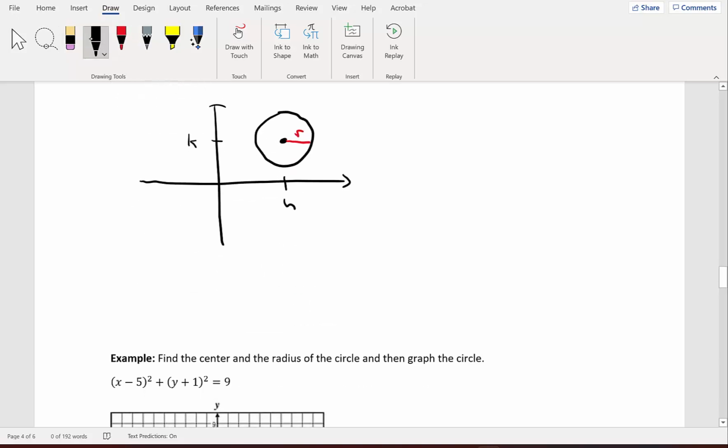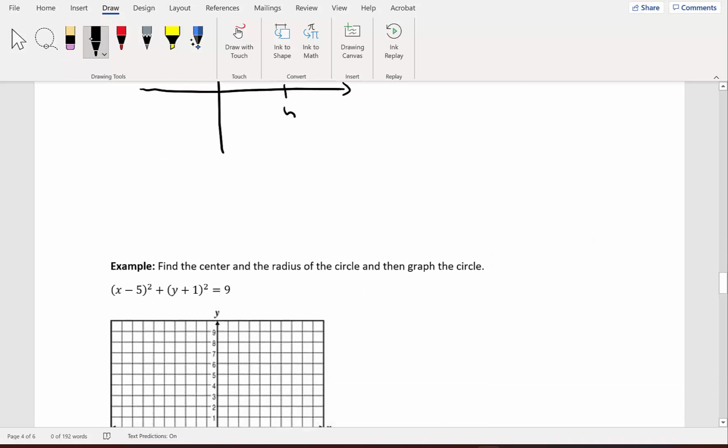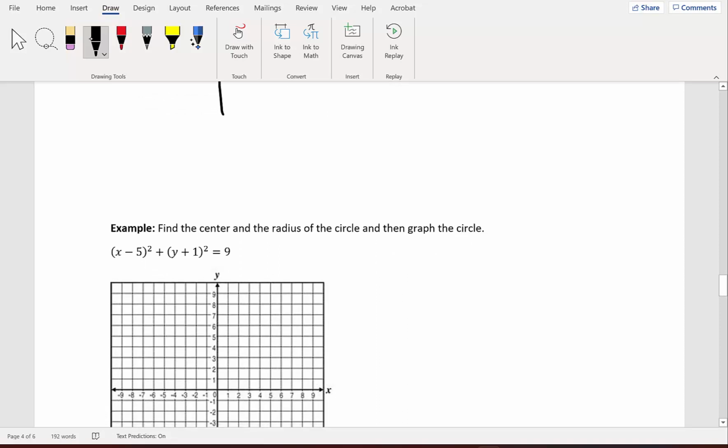Let's take a look at an example. So find the center and the radius of the circle, and then graph the circle. Okay, so we have the equation x minus 5 squared plus y plus 1 squared equals 9. So right away we could read off what our center is. So our center, whatever makes the part in parentheses for the x 0, which would be 5.